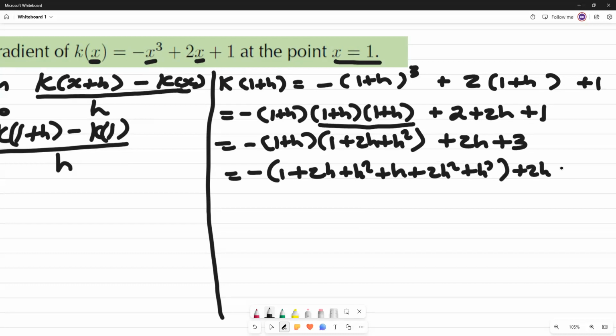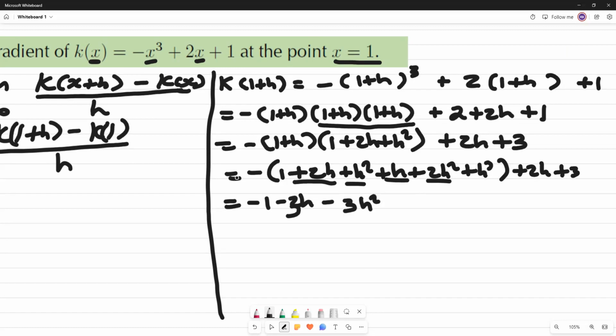Plus 2h plus 3. And then this gives us, we need to multiply the negative 1 in. So I have minus 1 minus 2h minus, actually let's say 3h here, because this and that will give you like terms, which is 3h, and multiply by negative will give you minus 3h. This and that will be minus 3h squared, because it's going to be 3h squared.